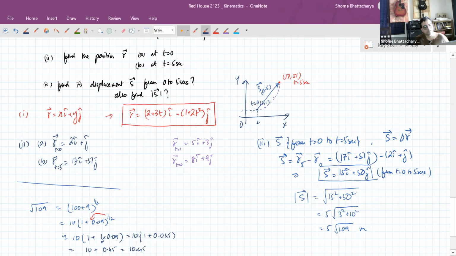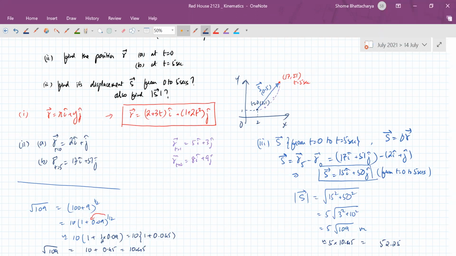That is an approximate way of calculating something like this. If you use a calculator, I believe that will be quite an accurate approximation.